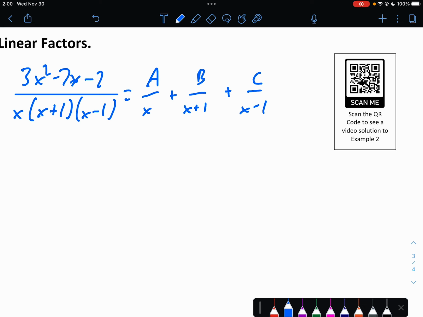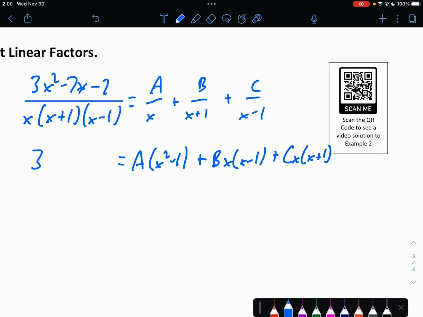All right, so now if I get a common denominator here, it's going to be a times x squared minus 1 plus bx times x minus 1 plus cx times x plus 1 all over that denominator. But like I said, we're going to multiply through by that denominator, and it's going to disappear anyway. So let's just skip that step for now.